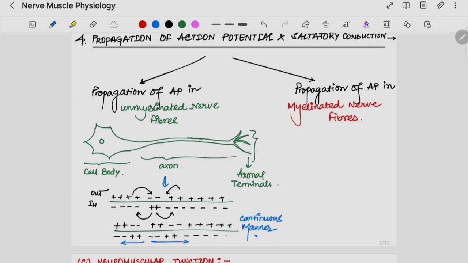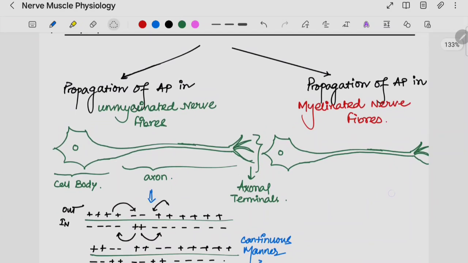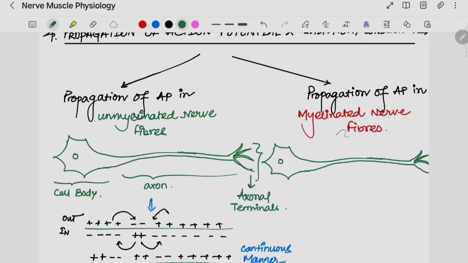But in the myelinated nerve fibers, there is a special mechanism for propagation of action potential. There are myelin sheaths. So these are the myelin sheaths, and these are the nodes of Ranvier, right?